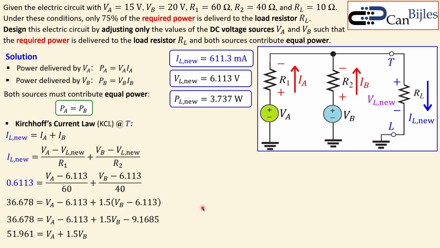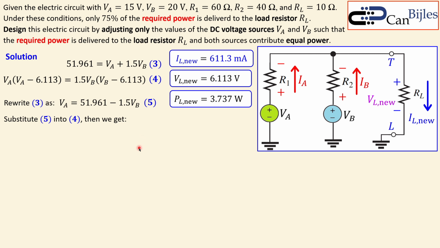I need to rewrite equation number 3 as follows. I can say VA is equal to 51.961 minus 1.5 VB, and call this equation number 5. And if I now substitute equation number 5 in equation number 4, I get only the variable VB. So everything else is gone, only VB is there.